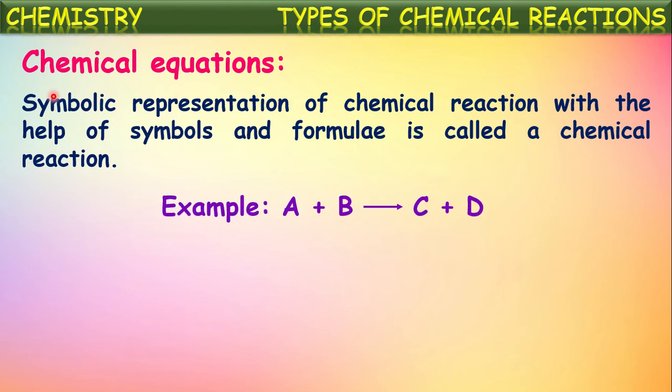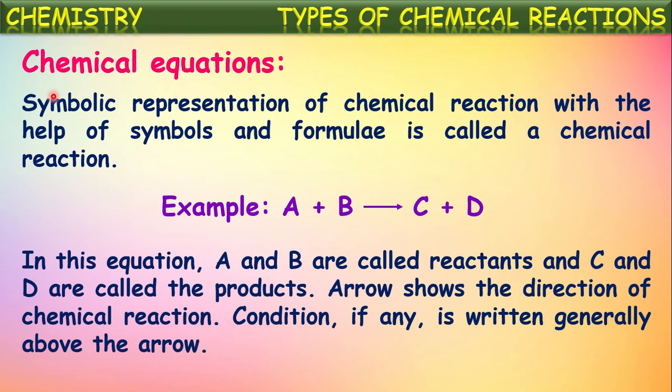For example, if you see A plus B gives C plus D, and we consider this as a chemical equation, A and B are the chemical substances which are participating in the reaction. Hence, these A and B are called reactants because they are getting reacted with each other.